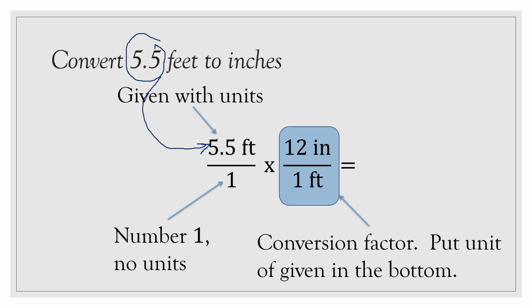The way we decide what goes in the top and what goes in the bottom is so that we can get units to cancel out. So we put 1 foot in the bottom so that it cancels out the units that we were given. Whatever you're given, the part that matches that has to go in the bottom of this conversion factor. The top is going to have the same units as the thing that you're trying to find.